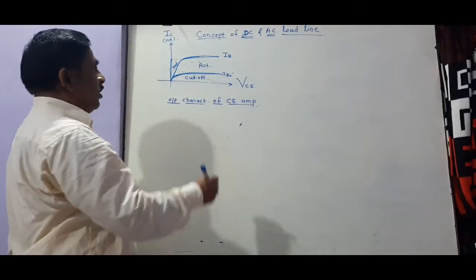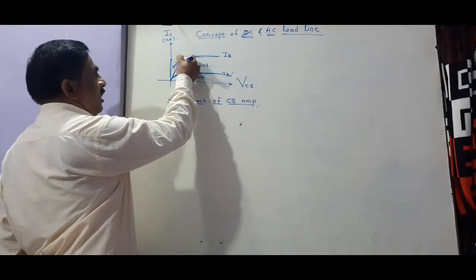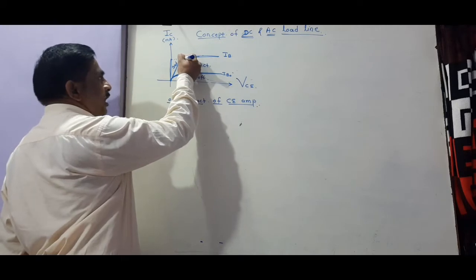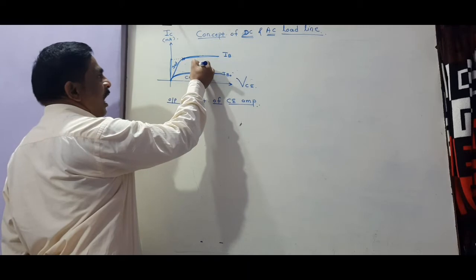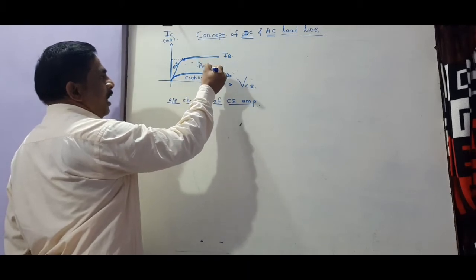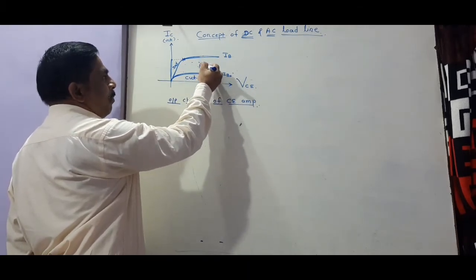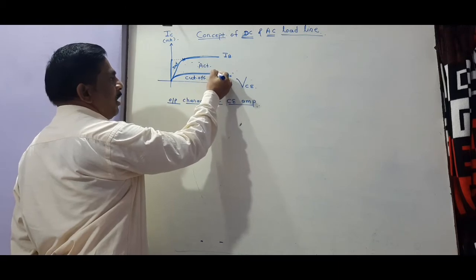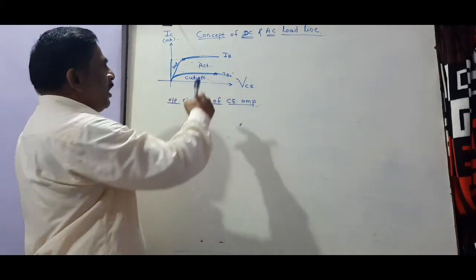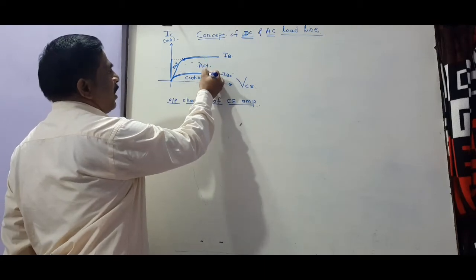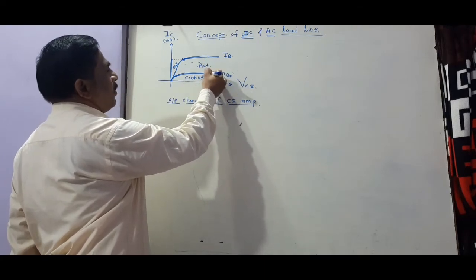Now, this border point is called the extremities. This border is the extremities of the saturation region and active region, and this point is the extremities of the active region and cutoff region.